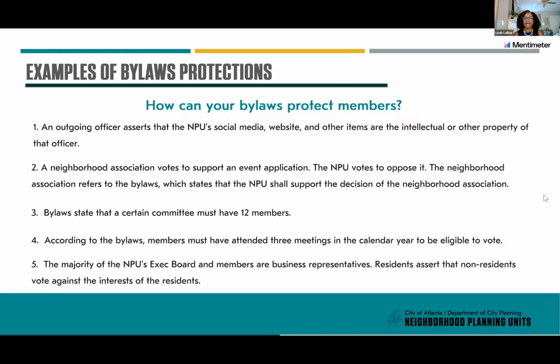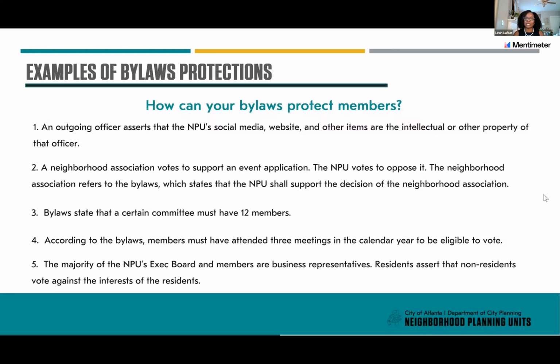There is always an outgoing officer who has created a membership database or a spreadsheet or a book of all the minutes and records, or a social media site or website or something that is password protected or within their custody.